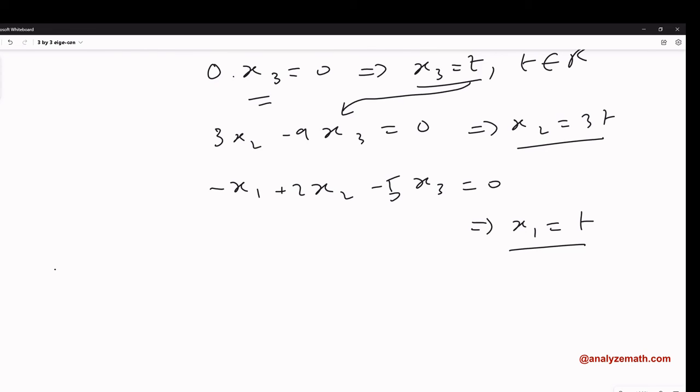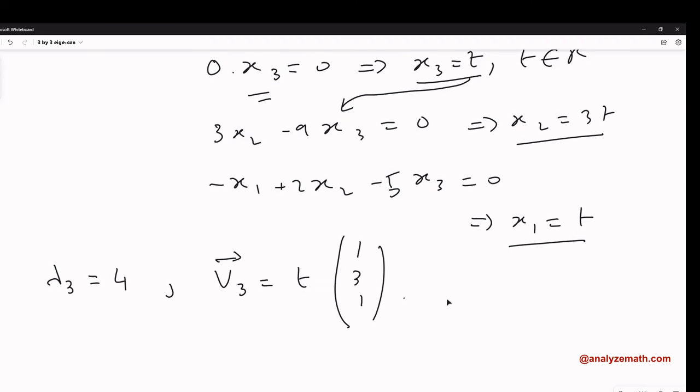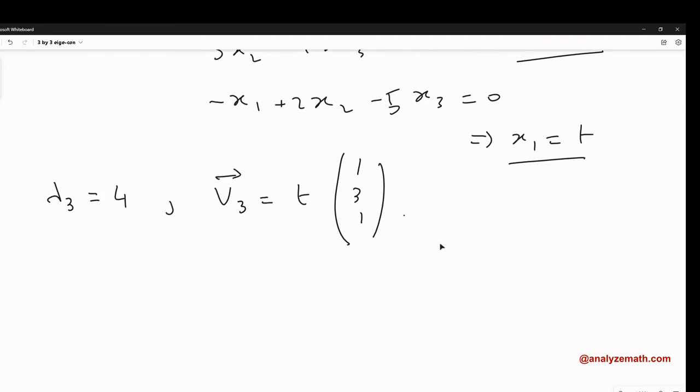So when lambda 3 is equal to 4, the eigenvector v3 equals, again we can keep the t outside, 1, 3, and then 1 here. So we have found the 3 eigenvalues, the 3 eigenvectors.